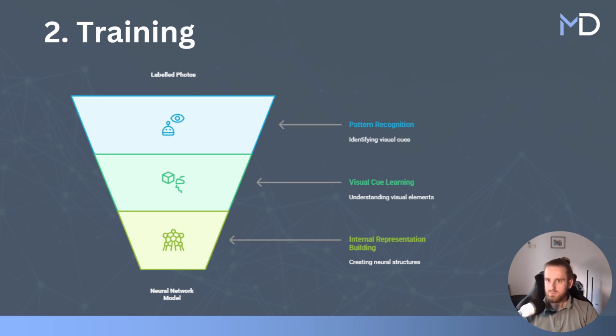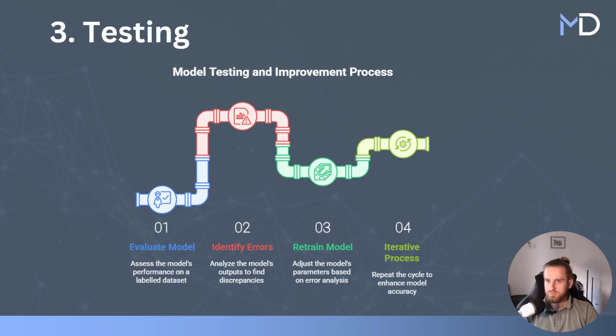And after initial training, we enter the testing phase. Now we show the model new images it hasn't seen before, but ones that still have labels. This allows us to evaluate how well it generalizes beyond the training set.